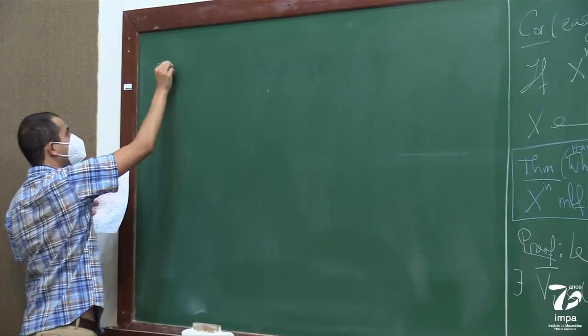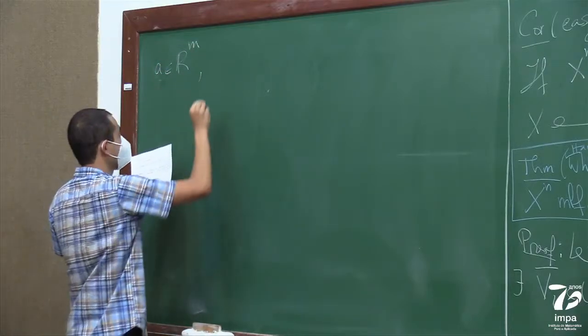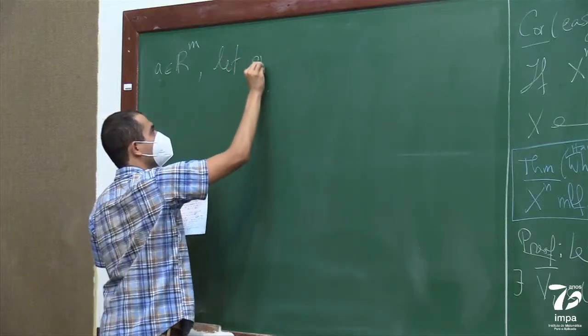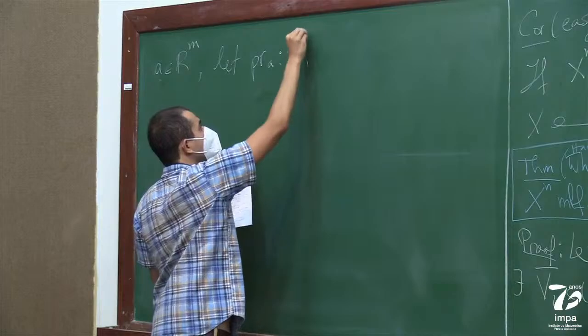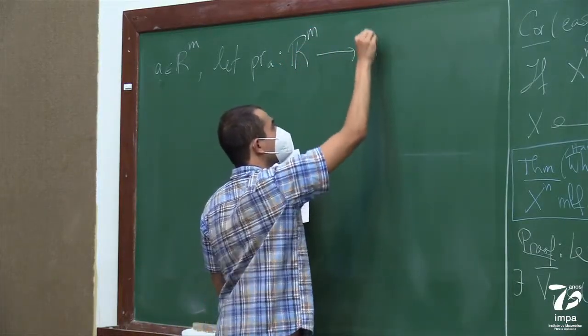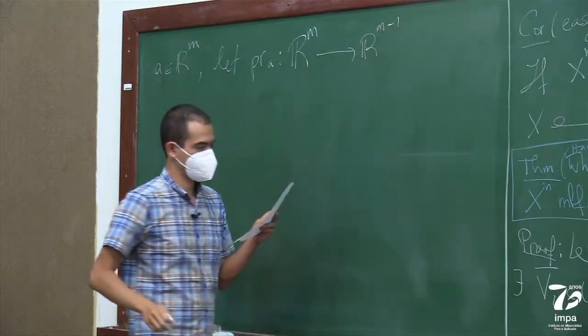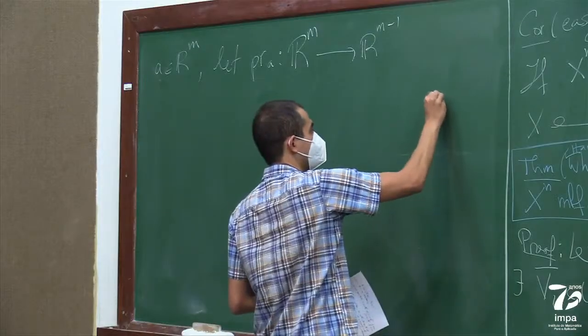So given a vector A in Rm, I'm going to let P_A be the projection from Rm to Rm minus 1 along A. So this is linear algebra.